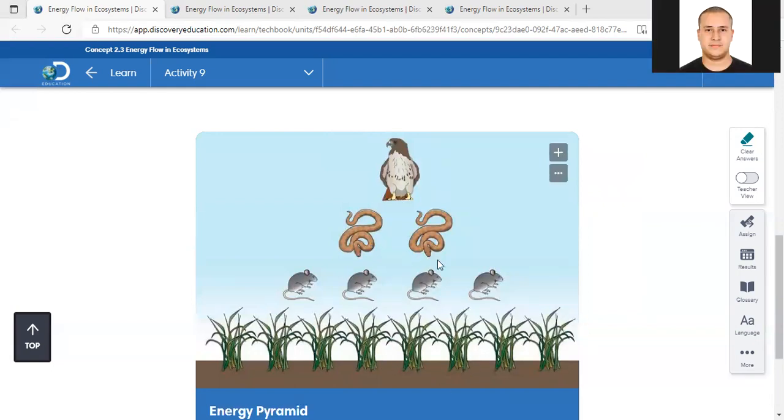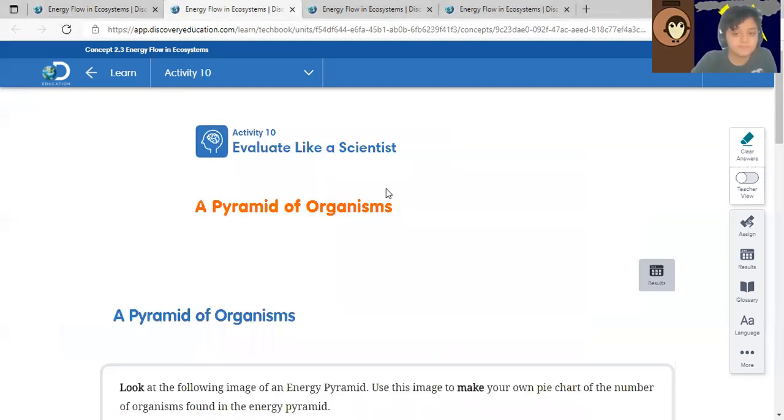So the energy in the energy pyramid moves from one level to another, right? If we wanted to draw arrows to show how the energy moves from one organism to another, or from one level to another, the arrows will point in which direction, up or down? Up. Up, excellent. In all levels, right? The energy moves up. Excellent, thank you, Adam.